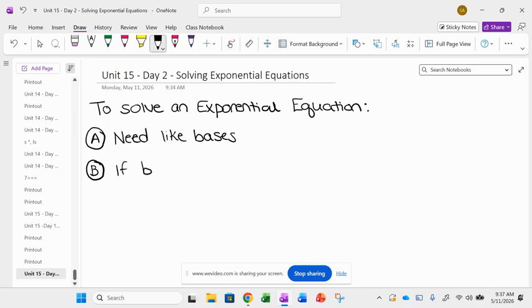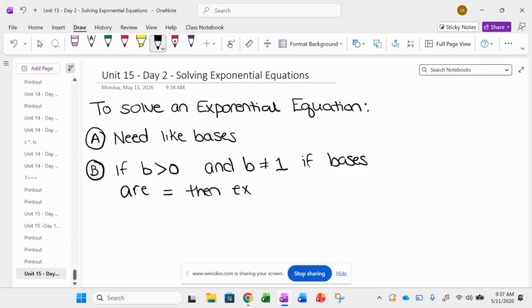So remember, if the base is greater than 0, and also the base does not equal 1, if bases are equal in an equation, then exponents will be equal.